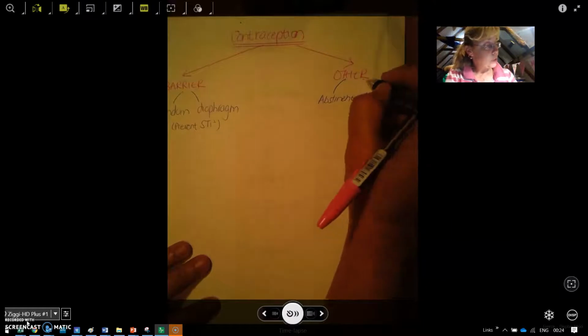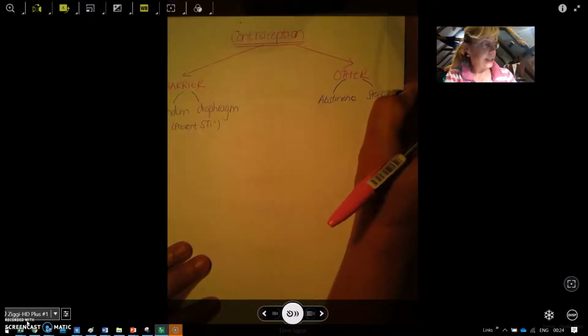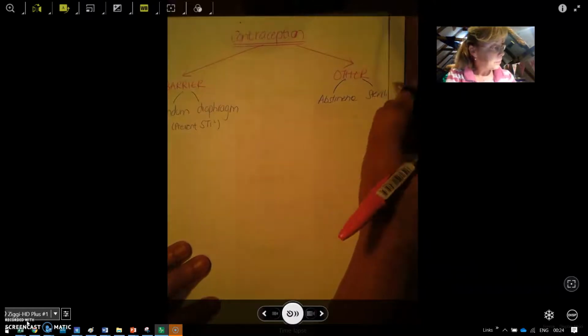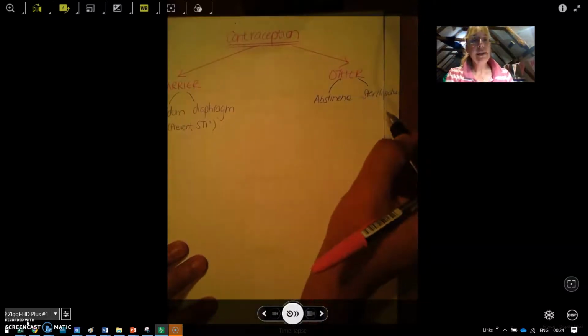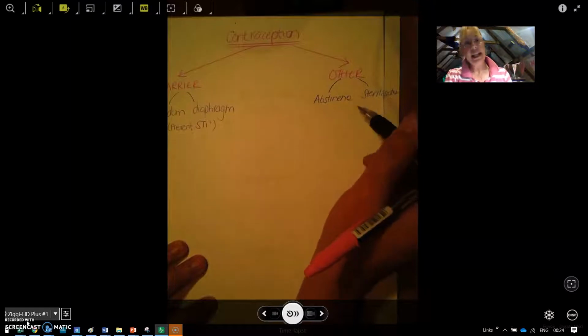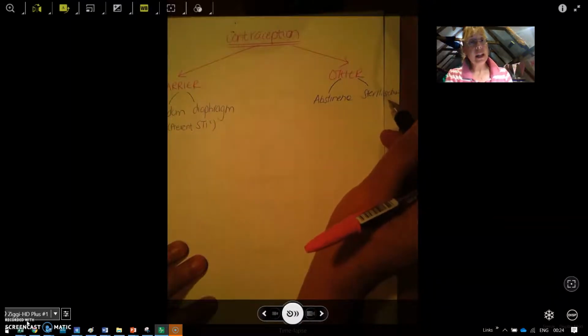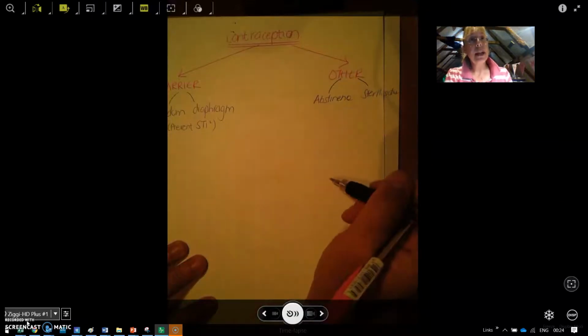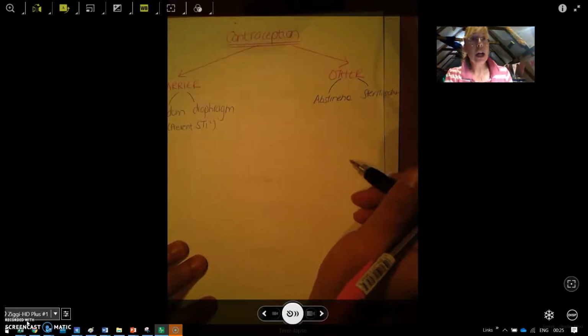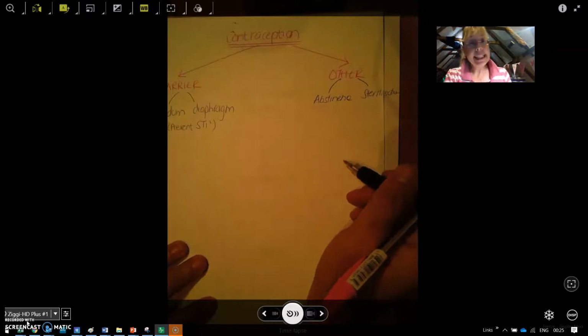And there's also sterilization. Now in sterilization, whoops, I'm running off the page. In sterilization, they might tie the oviduct so that the egg can't move through. They might remove the ovary and uterus completely if they're doing a hysterectomy.